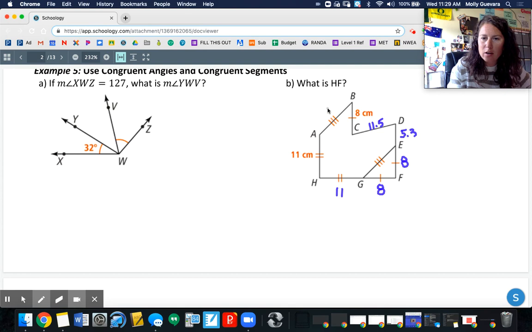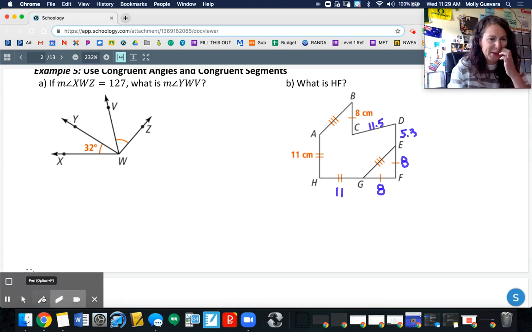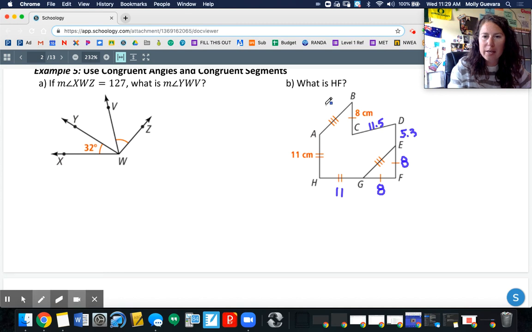So the only side that I don't have on the perimeter is this guy right here. Let's call this lowercase b. So I know that if I add up all of these sides, it's going to add up to 73.8.